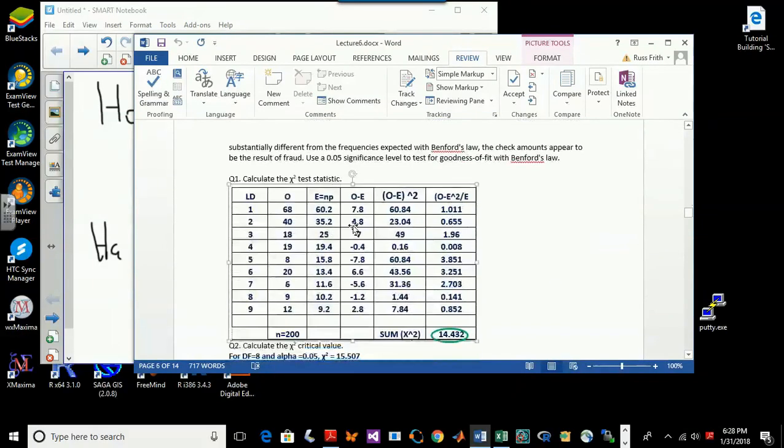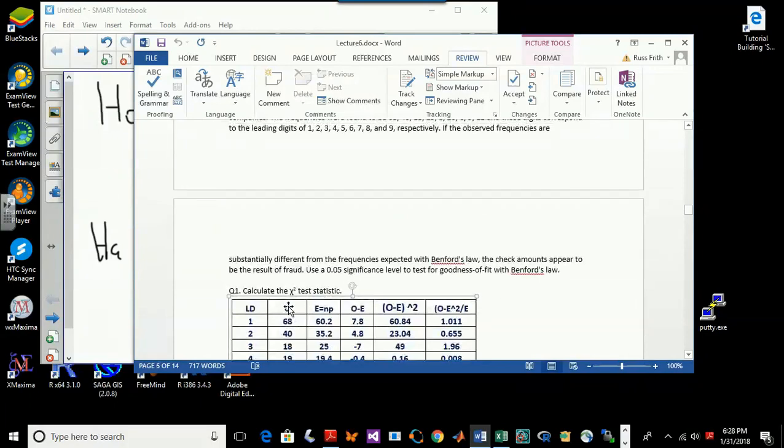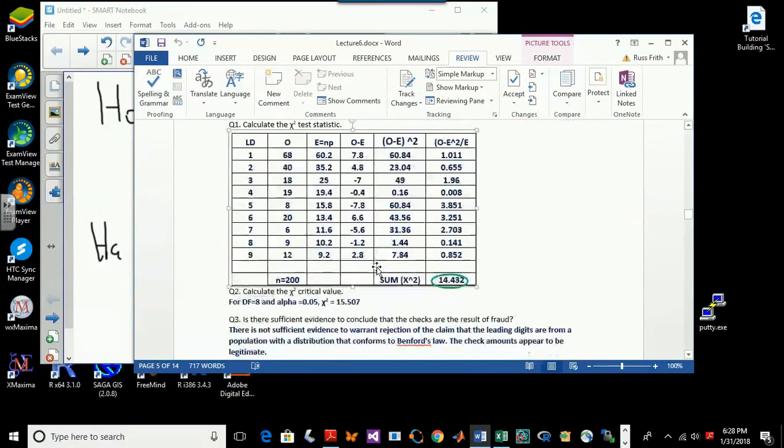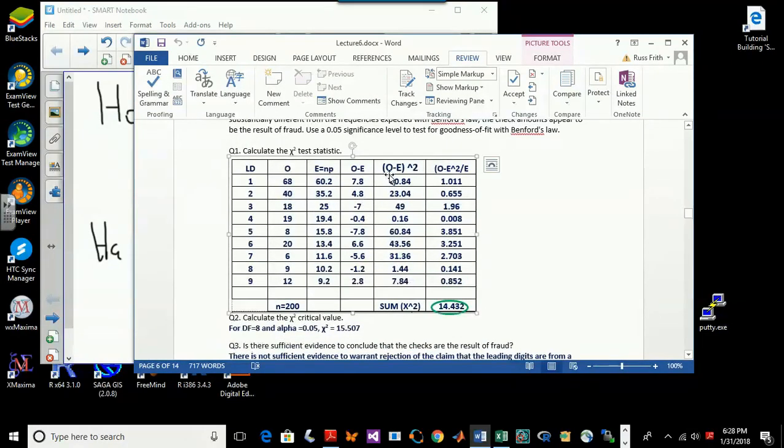So those are your expected values. Then we do the O minus E column. Yeah, 200 checks, right? Just checking. Then O minus E squared is this column, and then O minus E squared divided by E. So our chi-squared test statistic is 14.432.